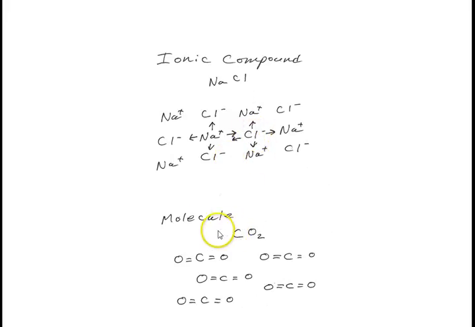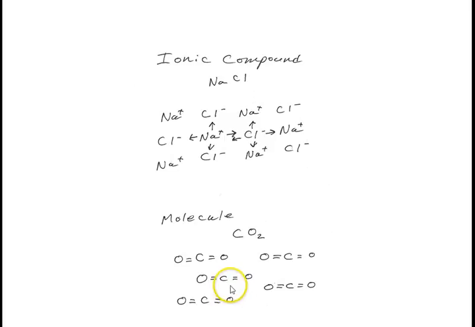Okay, the molecule, down here we have carbon dioxide. So this carbon is bonded to that oxygen and that oxygen. This carbon is bonded to that oxygen and that oxygen. That carbon does not have any attraction or bonding with this oxygen up here.